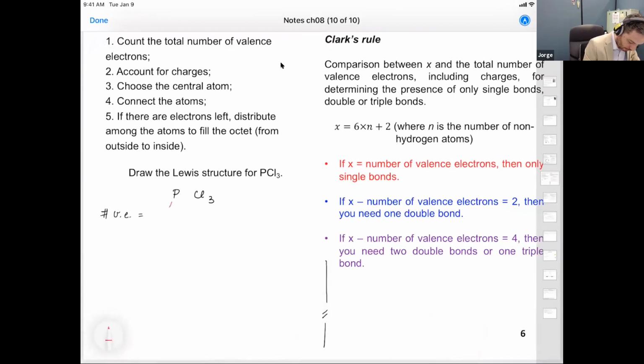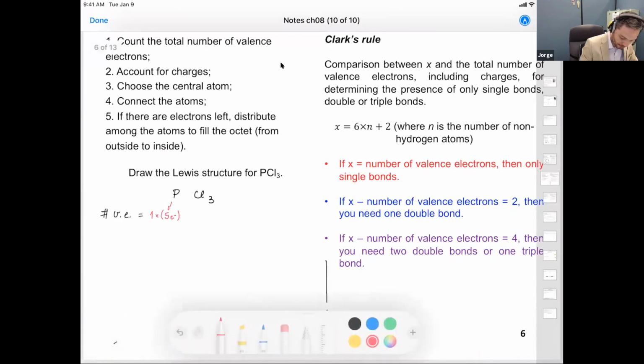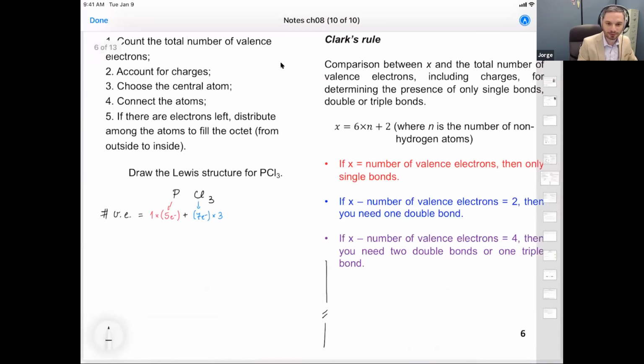Phosphorus belongs to group 15, therefore 5 valence electrons. We only have one atom of phosphorus, therefore times 1, plus chlorine, group 17, 7 electrons. However, we have 3 atoms of chlorine, therefore you must multiply by 3.